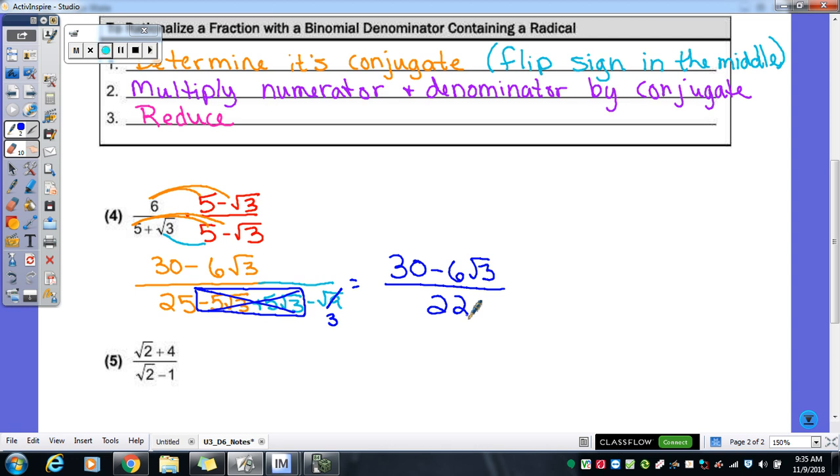So then can I reduce all of those numbers outside of a radical by the same thing? 30, 6, and 22. Yeah, they're all even. We can divide them all by 2. 30 divided by 2 is 5, 6 divided by 2 is 3, 22 divided by 2 is 11. So I reduced it by dividing all the numbers outside of the radical sign by the same thing.